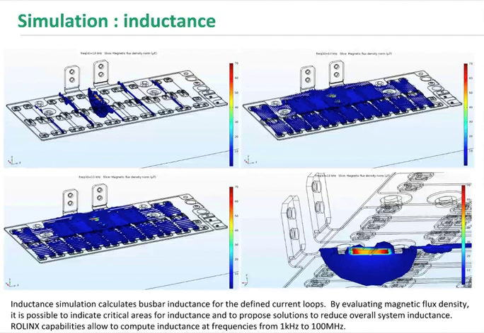So we can make this simulation and look for the areas where the inductance is the highest, and before we run the busbar or capacitor busbar assemblies into prototyping, we can already see theoretically, based on these simulations, what the critical areas are.